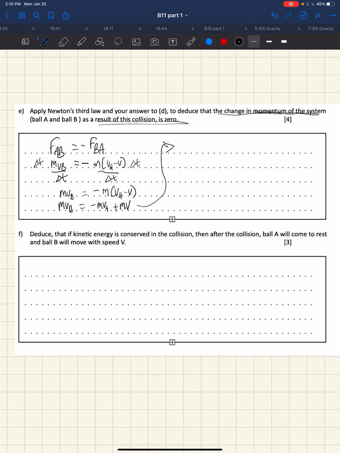Rearranging this, we get m v, which is the initial momentum, equals m v_B plus m v_A. This is the initial momentum, this is the momentum of B, and this is the momentum of A. So what we showed here is that there's no change in momentum. The initial momentum, m v, is equal to m v_B plus m v_A.